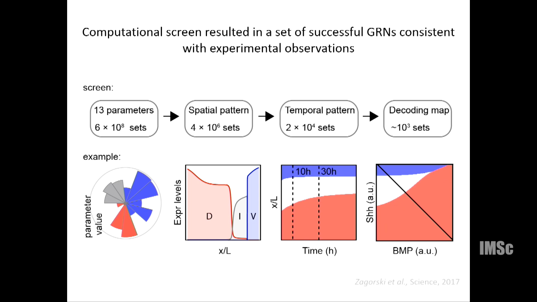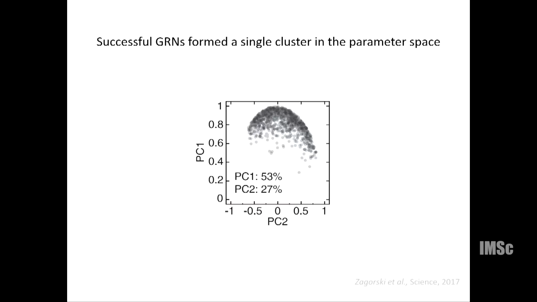Out of this 10 to the 8, 10 to the 6 produce the right spatial pattern, then the temporal pattern, because we knew that there are these shifts of the gene expression. And finally, roughly 1,000 of these parameter sets produce a decoding map with the characteristic that for high concentration you have either ventral or dorsal fate.